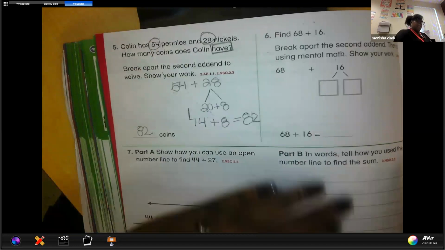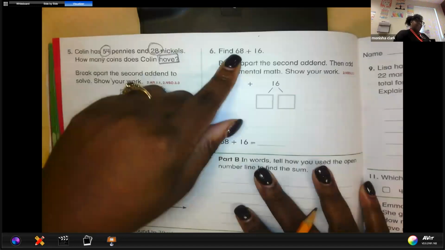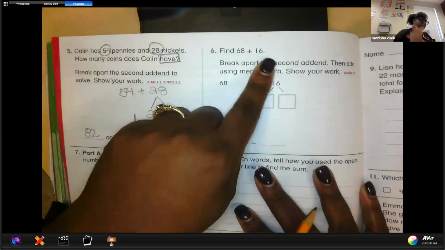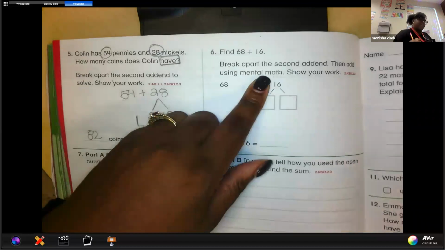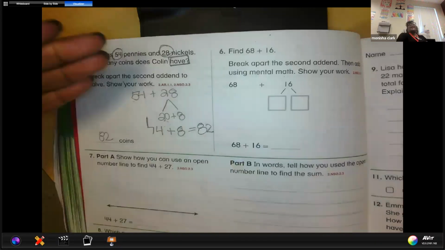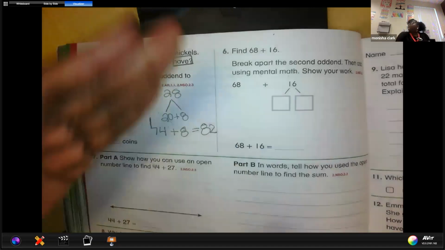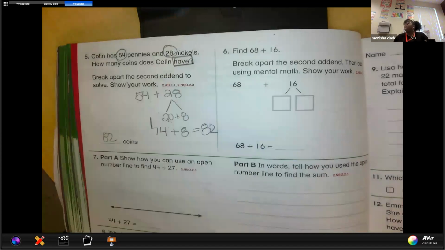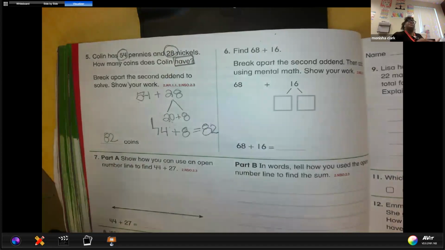Question number 6. Find 68 plus 16. Break apart the second add-in, then add using mental math. Show your work. So here, once again, we have boxes, and they want us to use this strategy. We cannot simply just add with regrouping. We have to do it this way.